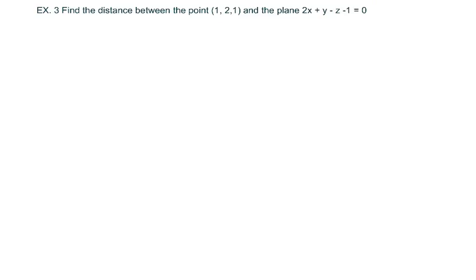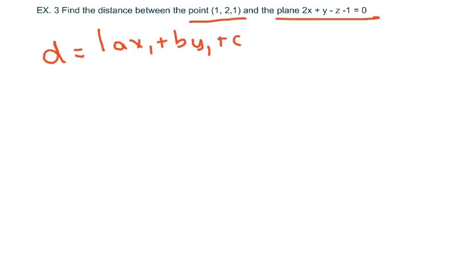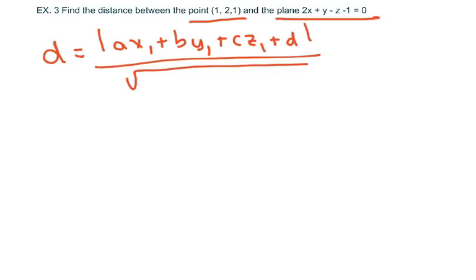All right, the next one, we have distance between a point and a plane. So our formula would be D equals absolute value of A x sub 1 plus B y sub 1 plus C z sub 1 plus D all over the square root of A squared plus B squared plus C squared.